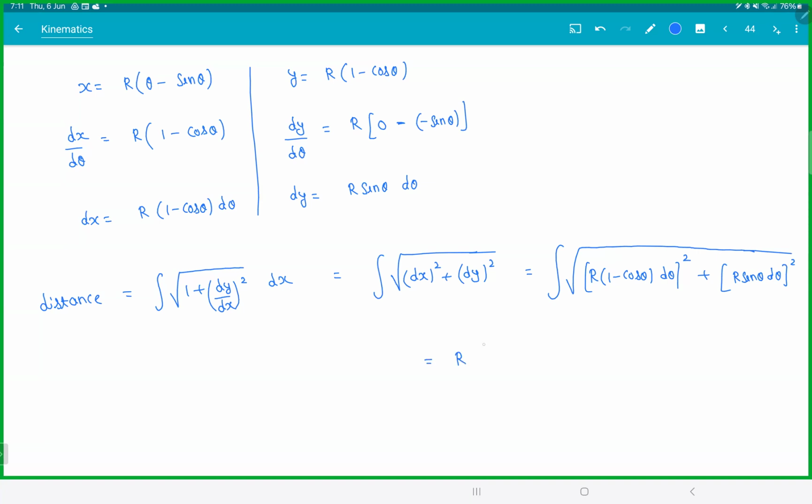R will come out. Left with integral root over 1 minus cos theta whole square plus sine square theta into d theta. Limits will be from 0 to theta because you're rotating by theta.